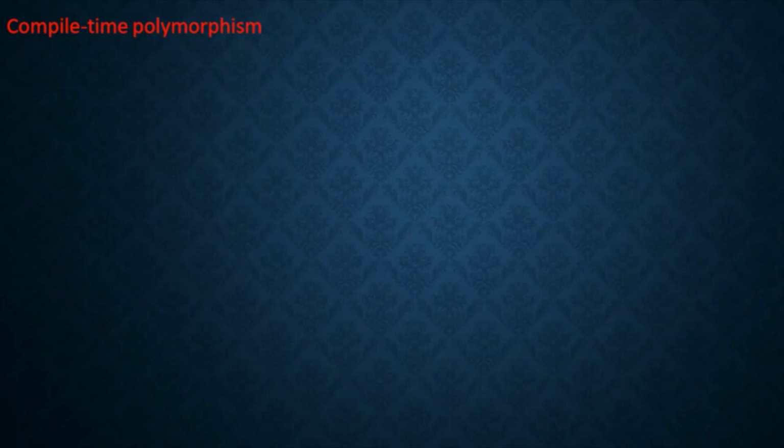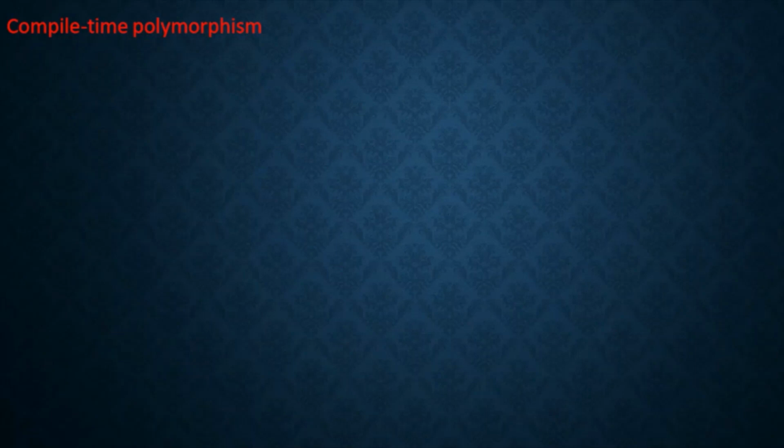Whenever we are creating the object of the class and we are calling the methods on the reference of the object which we have created, whenever we are compiling that class, the calling method is going to bind with the method at the time of compilation. Then it is called compile time polymorphism.